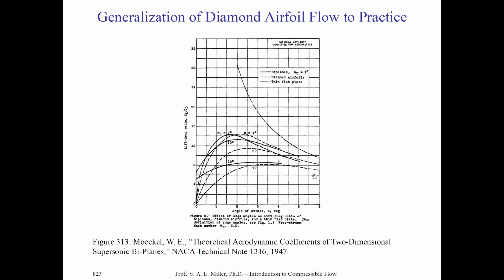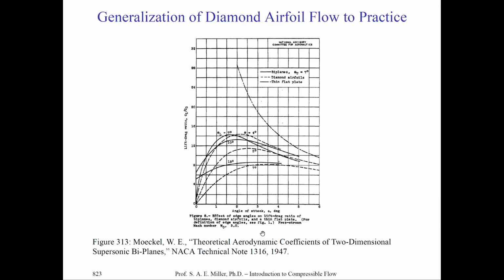Now, this line here, the dashed dot line, represents the diamond airfoil. The black line is the thin flat plate. And, of course, the biplane, which we just looked at an angle of 7 degrees, is the solid line here.